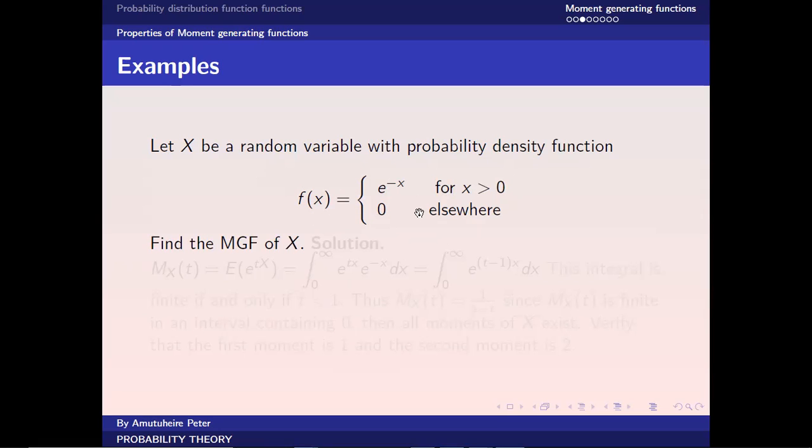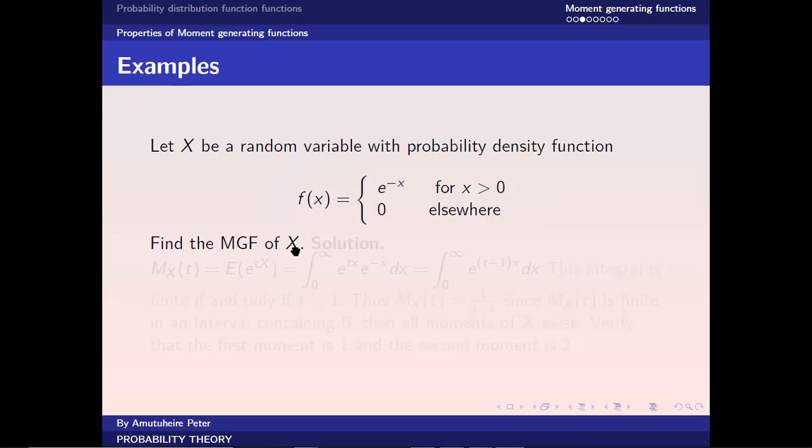Who can tell us what it is? Is it a discrete random variable or a continuous random variable? Continuous. Okay, this is continuous. Why? Because it takes on an uncountable domain. So this is a continuous random variable.